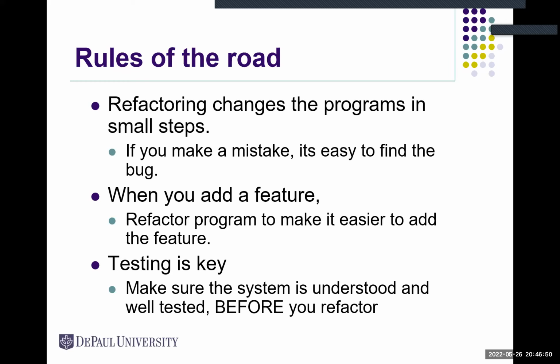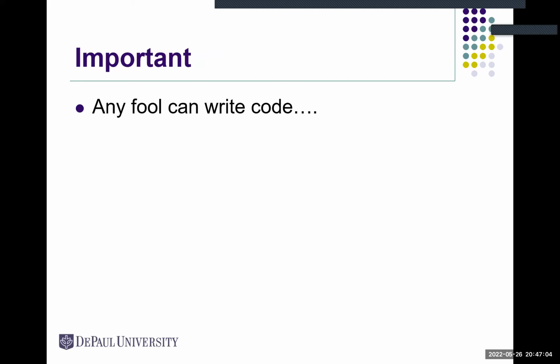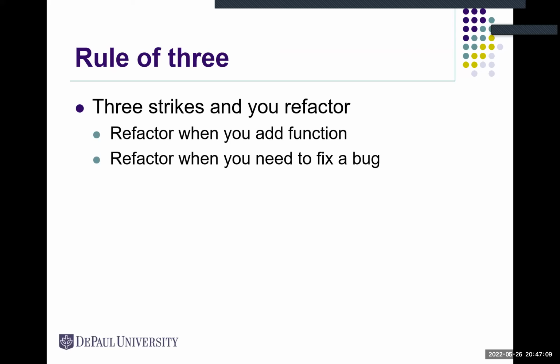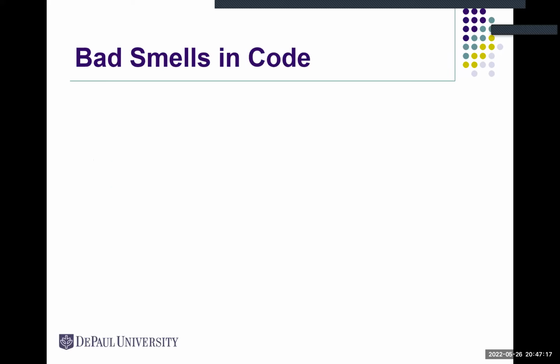If you add a test that fails and then fix it, you never get bit by the same tiger twice. So rule 3: refactor when you add a function, when you fix a bug, or when you're doing a code review. Those are the rules on refactoring.